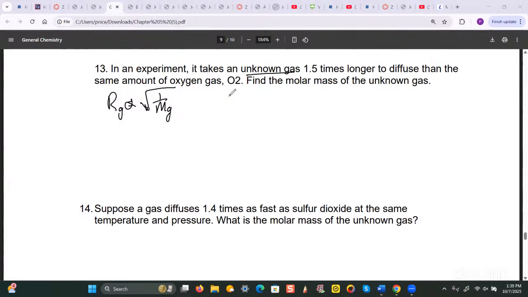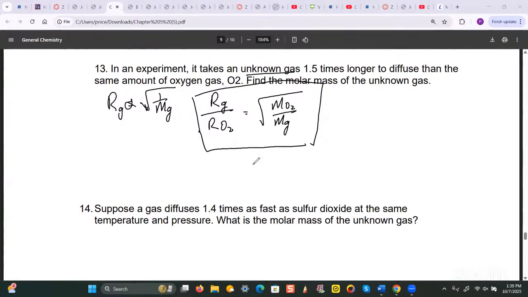So we can write down an expression for the rate of effusion of that unknown gas divided by the rate of effusion of oxygen, and that would be equal to the square root of the molar mass of oxygen divided by the molar mass of that unknown gas. So based on the direct application of Graham's law, we can write down that expression.